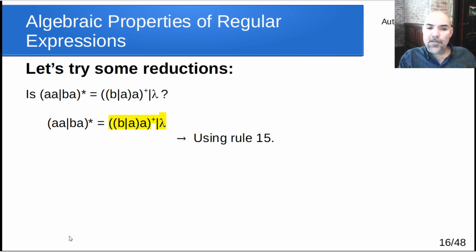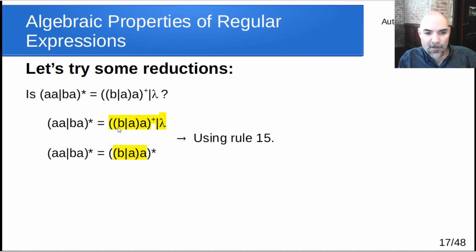This is using Rule 15, which is some R plus or lambda is the same as that thing star. So R in that case is what's inside of here. We now have replaced that with that thing star. Okay, so that's using Rule 15. Well, now the left side and right side still don't match.